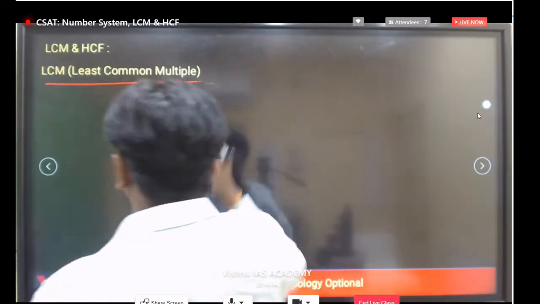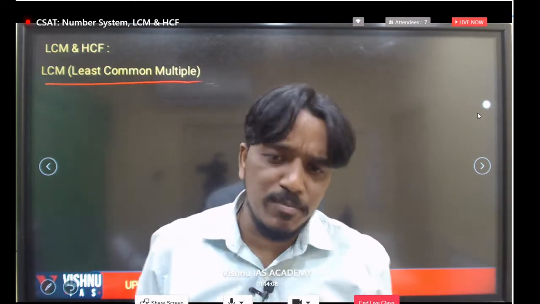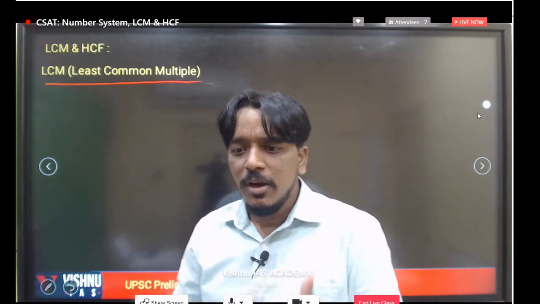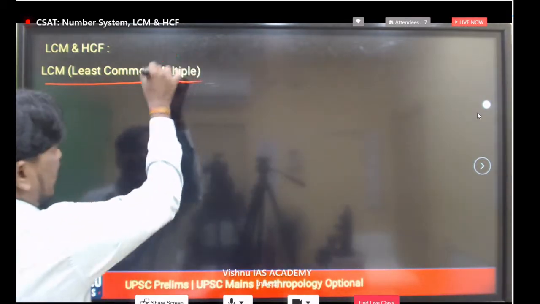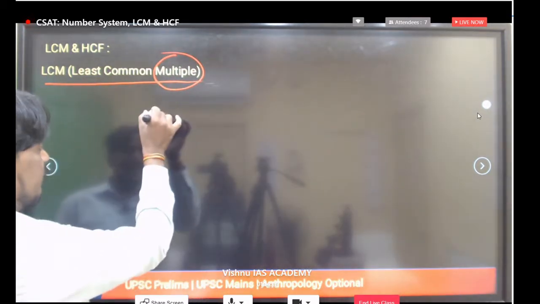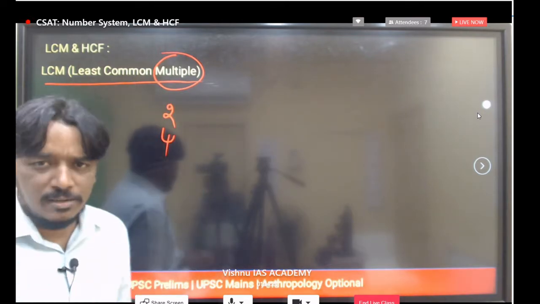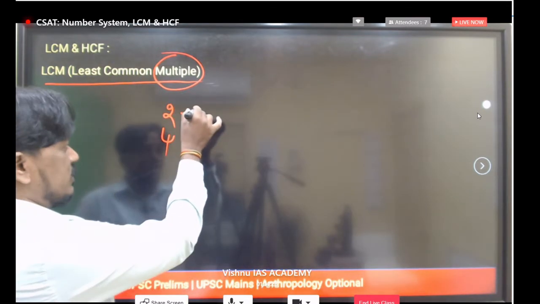But what type of questions we are getting at UPSC level related to LCM and HCF, we will see. If you observe, first, LCM means least common multiple. You take any simple numbers. For example, I am taking very simple numbers here. If you take 2 and 4, or any other numbers, try to understand the concept.